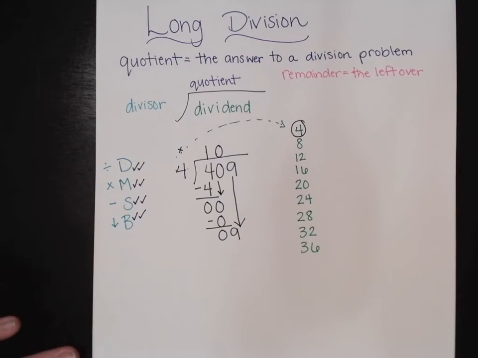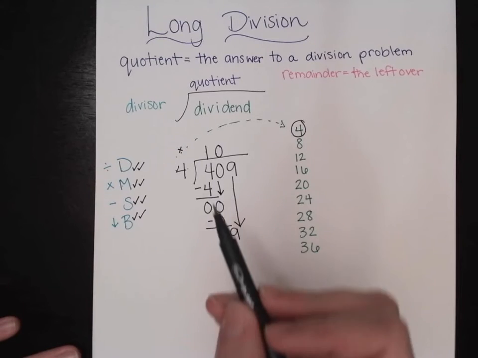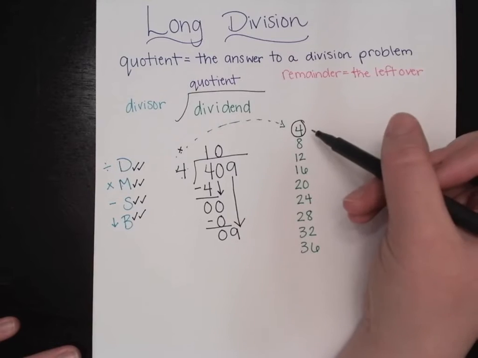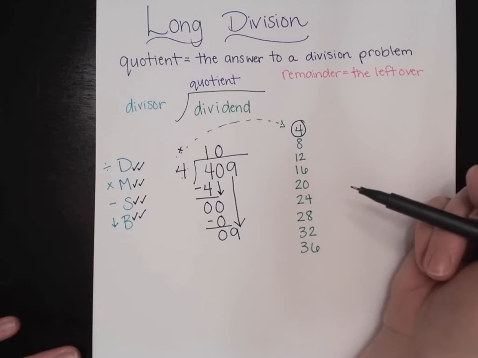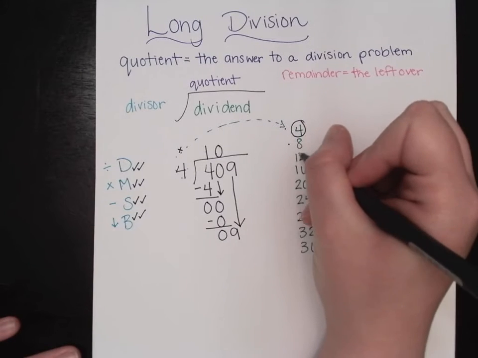So now I'm looking at 9 for my dividend. So now you're thinking to yourself, how many times does 4 go into 9? So come back over to your list and get as close to 9 as you can without going over.